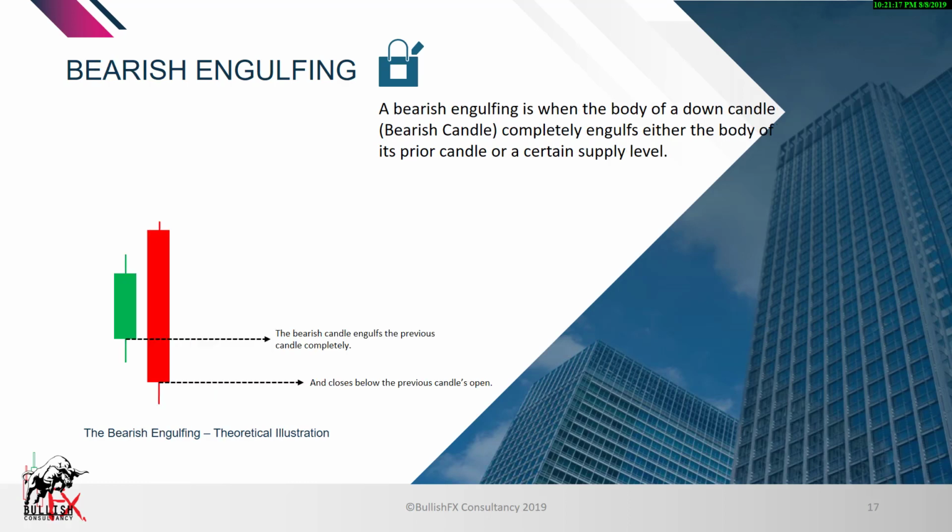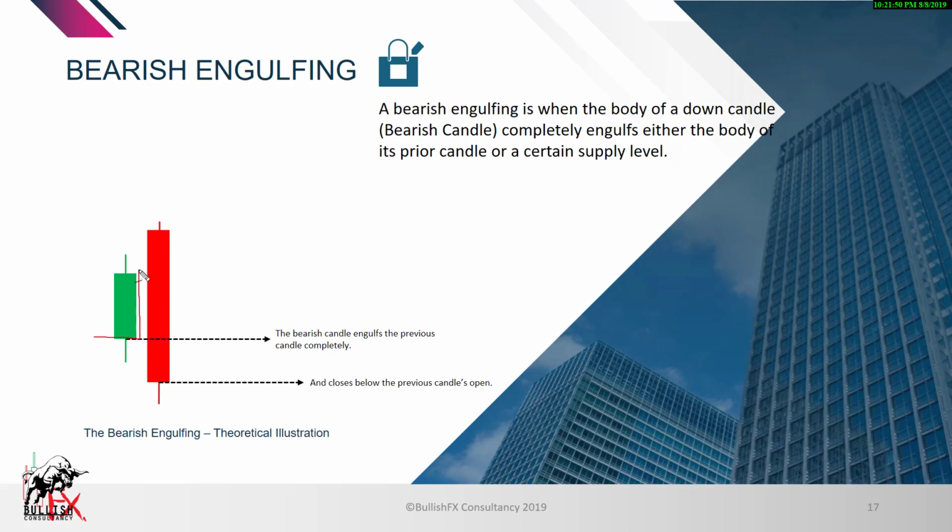Now, a bearish engulfing is when the body of a down candle, which is bearish, completely engulfs either the body of its prior candle or a certain supply level. Now, the bearish candle engulfs the previous candle completely.